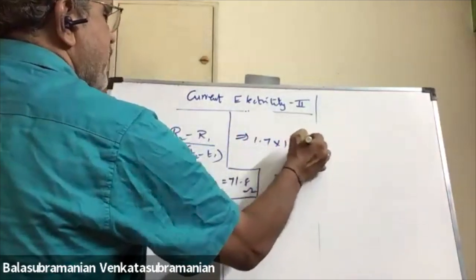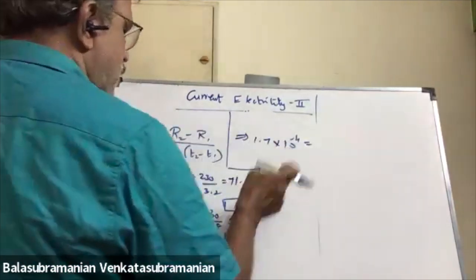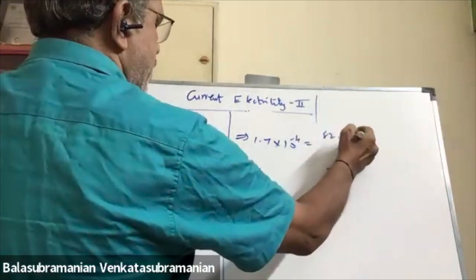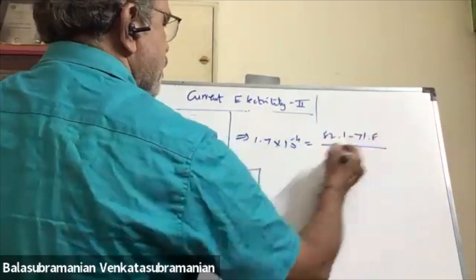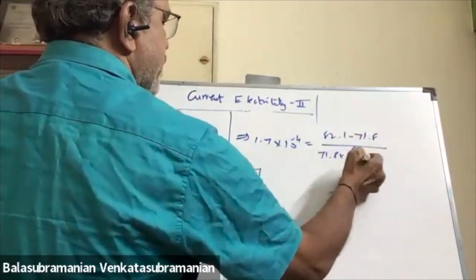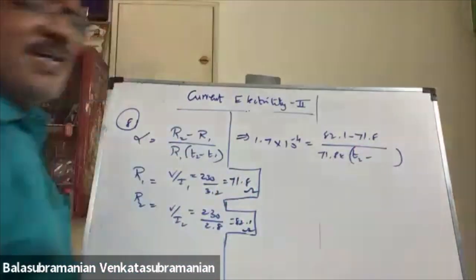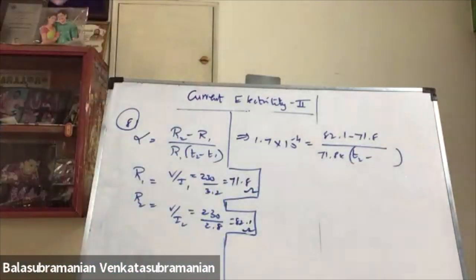Alpha is also given, 1.7 into 10 power minus 4, is equal to R2 minus R1, 82.1 minus 71.8, by 71.8 into T2 minus T1, where T2 we have to calculate. What is the T1 given? 27 degrees Celsius.